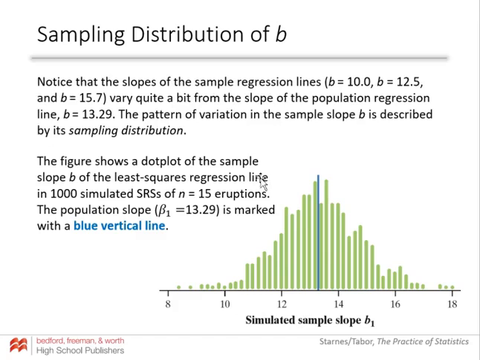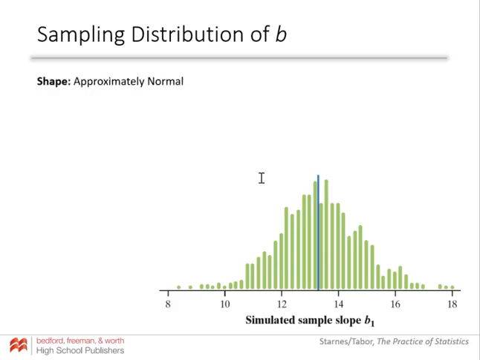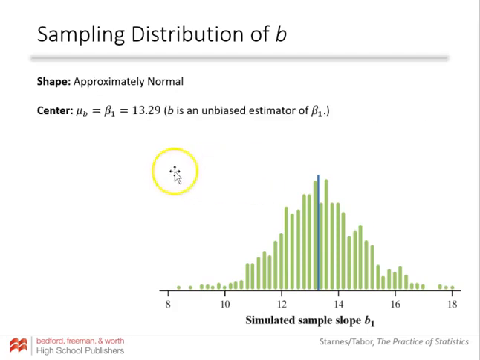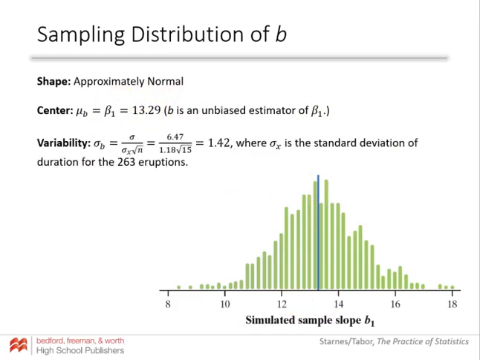Okay, so characteristics of the sampling distribution of slope: it is approximately normal. The center, the mean, is also the slope of the regression line. So this b slope is an unbiased estimator of the population slope because the center of the sampling distribution is at that mean value. And then here's how we find the standard deviation.